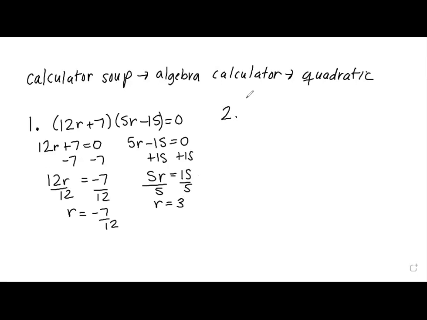Problem number 2 says to solve b squared minus 6b minus 27, and they have it equal to 0. Okay.